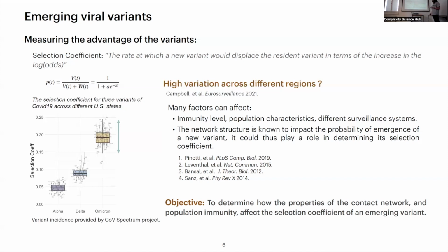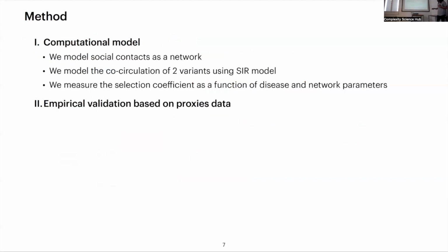To address this question, we came up with a computational model. Our model consists of two parts. In the first part, we build a network structure, and then we model the co-circulation of two variants using the SIR model.